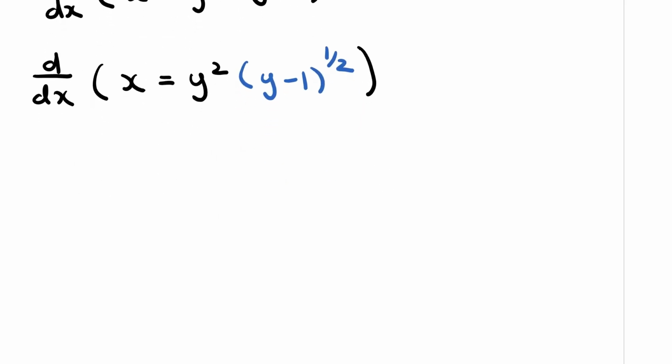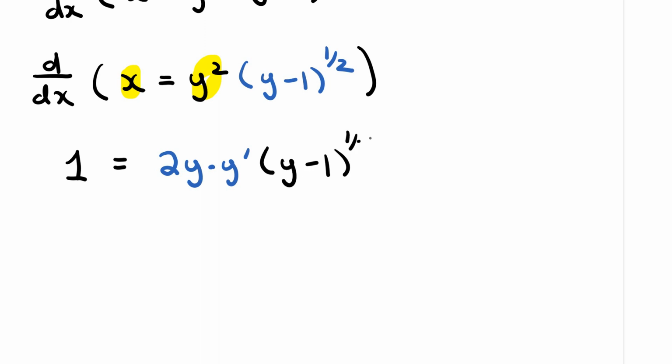Okay, so now we're ready to take the derivative here. The derivative of x is going to be 1. So 1 would equal, and then we have a product rule on the right hand side, so the derivative of y squared is going to be 2y times y prime, and then we multiply by the second term, which is y minus 1 to the power of 1/2, and then we add that to the first term, which is going to be y squared, and then we multiply by the derivative of the second term, which is this part here in green.